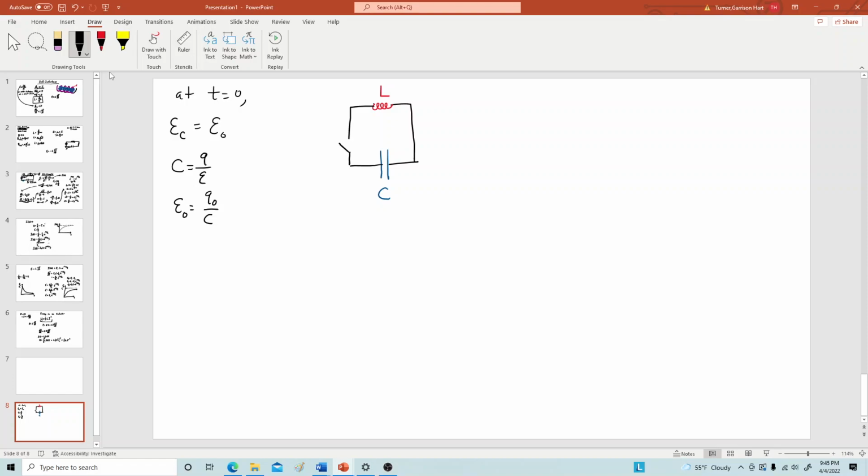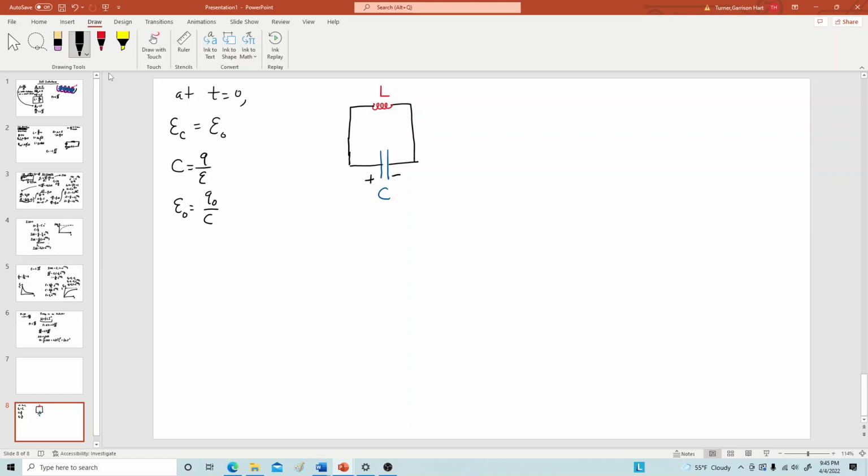So when I immediately flip the switch, and for example, let's say that our plates are charged like this, so I close the switch, and what this will do is the negative charges on my plates here are going to try and flow through the circuit to get to the positive plates over here, and that will create a current.